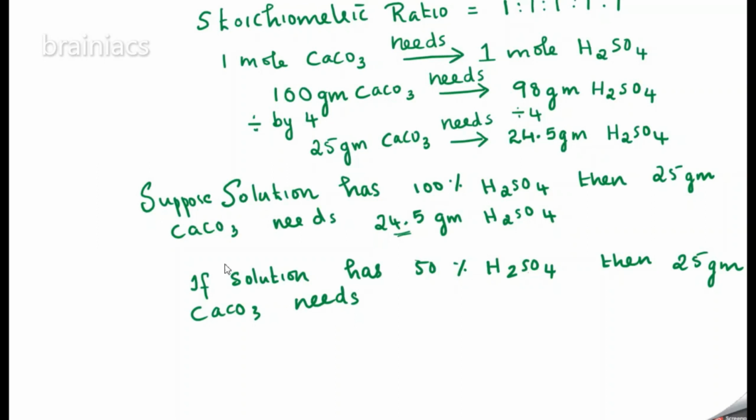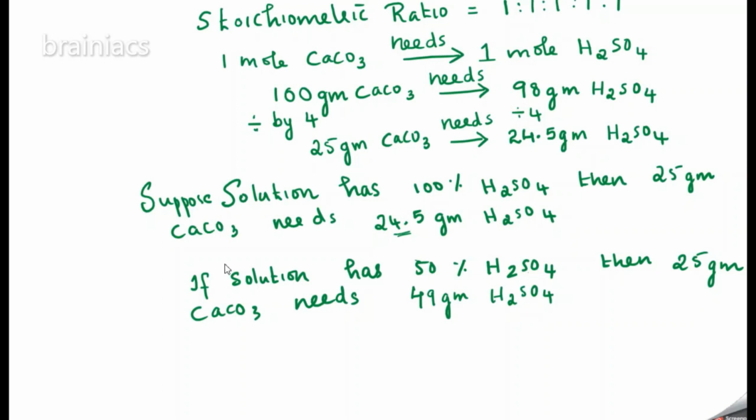That means we need to multiply by 2, so that means 49 gram H2SO4. So please understand the meaning. Here many students will get a confusion like, sir, we only calculated it as 24.5 grams and how you are getting 49 gram. Why? Because I am now talking about a solution that has only 50% H2SO4.